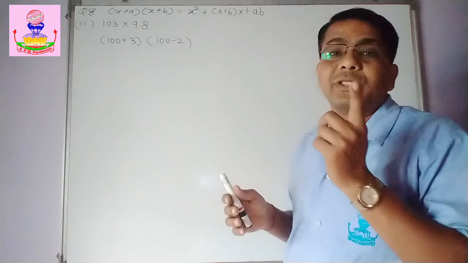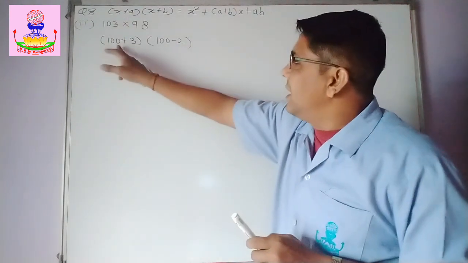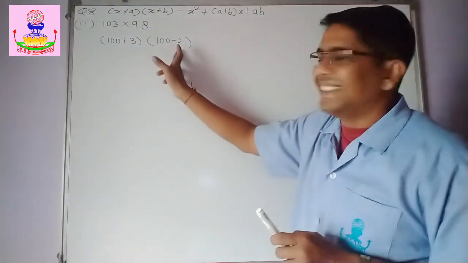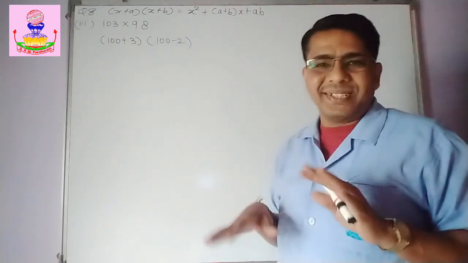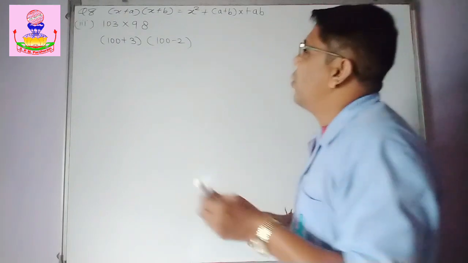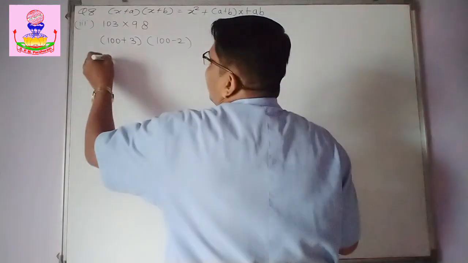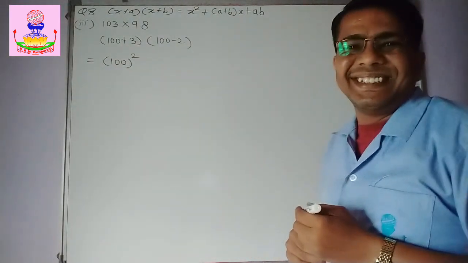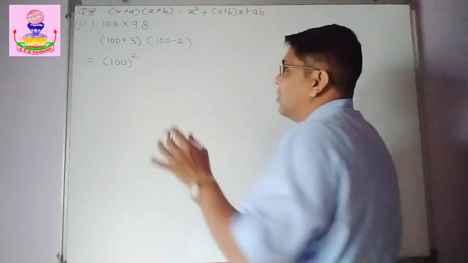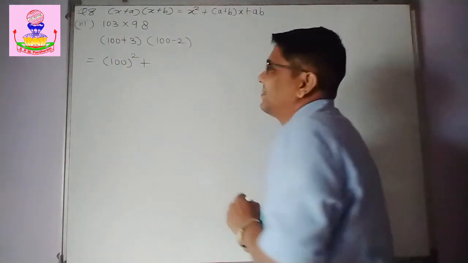Now, see whether it follows our conditions. X plus A, X plus B. So this is 100 plus in bracket minus 2. It follows. Okay. Now, X square, that is first term square. So 100 square. I have to be careful of the naughty fellow, no doubt.